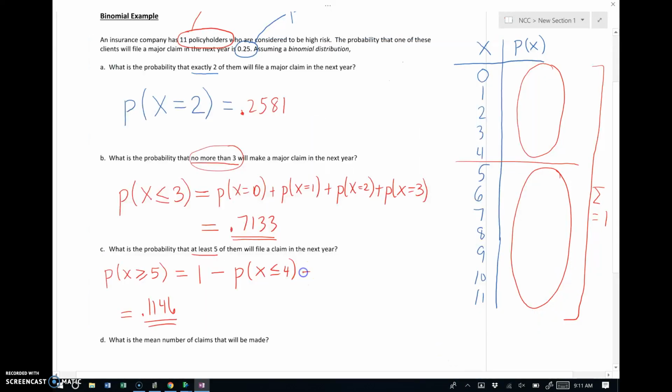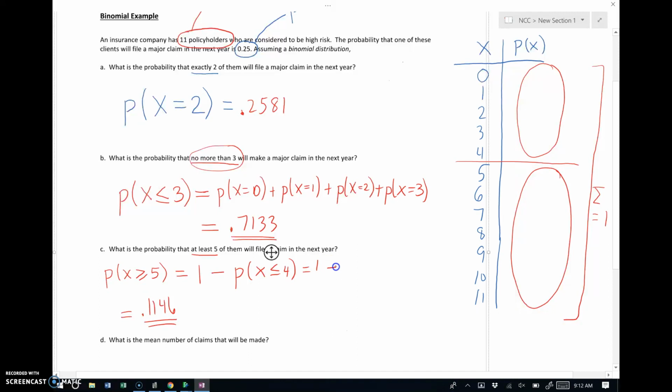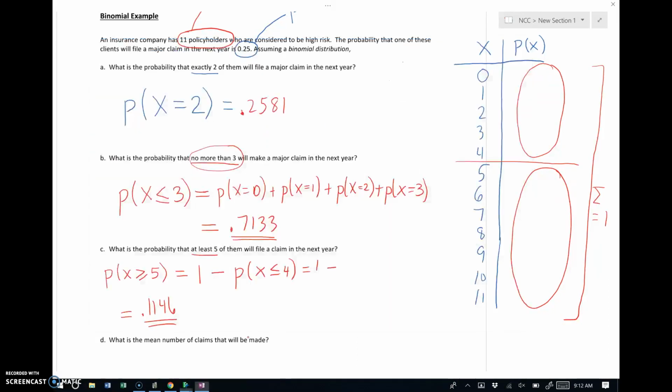So this would be the same thing as saying 1 minus that value, 0.8854. That would give you the same result, this 0.1146 number.